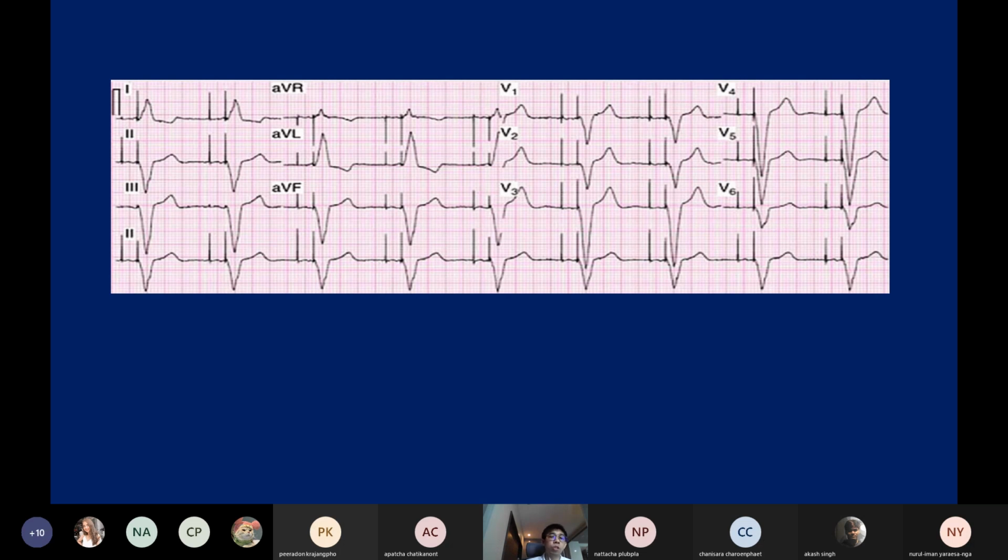So the second letter should be D. And the third letter, you have to see if the pacemaker inhibits or triggers after it sees the intrinsic rhythm.